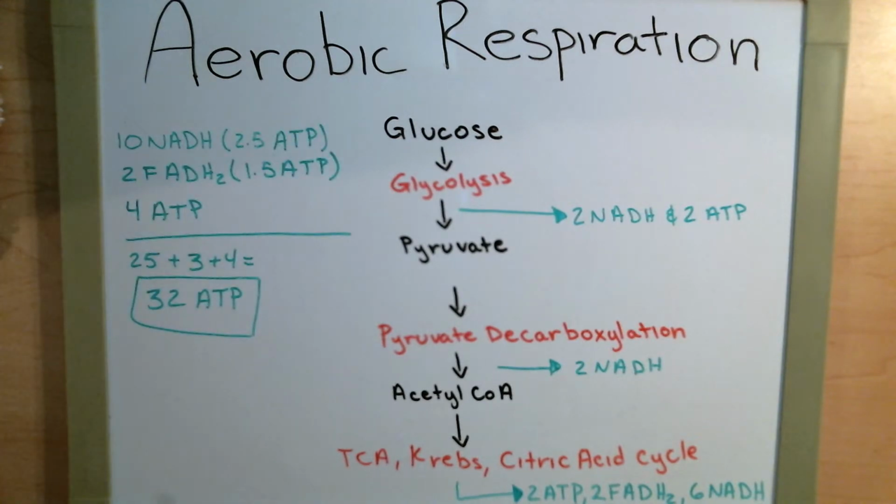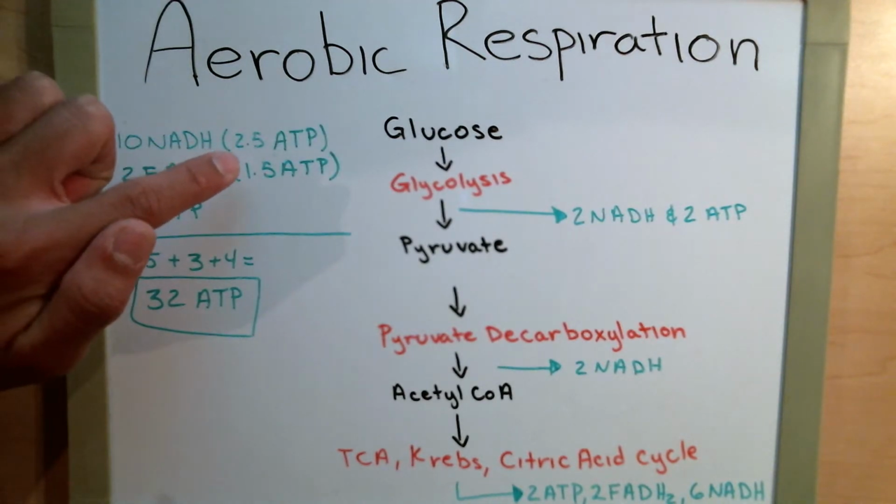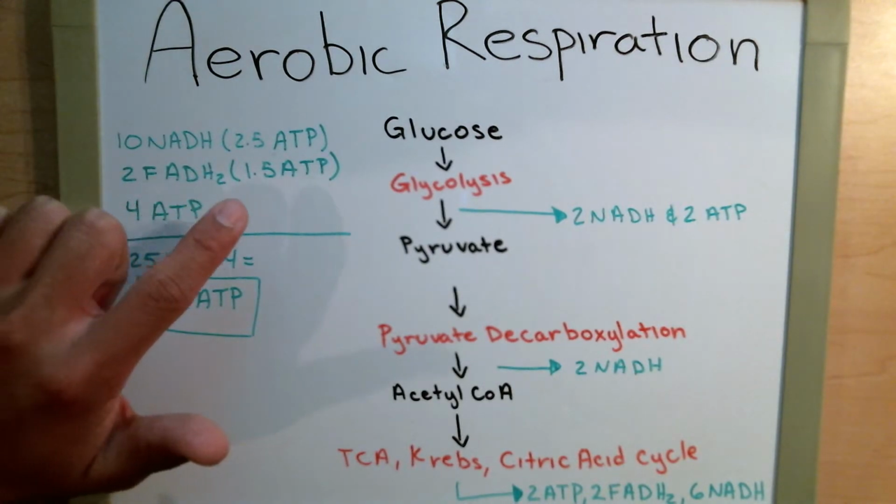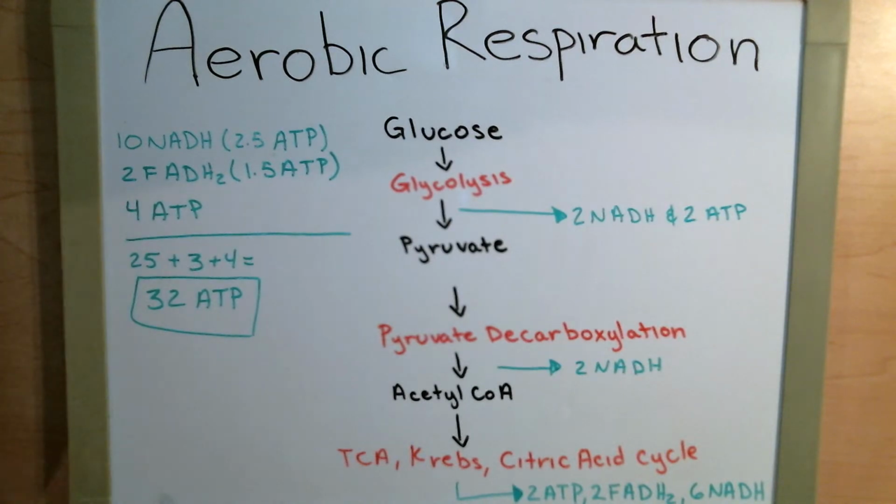In the electron transport chain, for every NADH, we get 2.5 ATPs, while for every FADH2 molecule, we get 1.5 ATPs. When we add up the total amount, we get 25 ATPs from NADH, 3 from FADH2, and then the 4 that we had through the other processes over here. And that's how we get our 32 ATP.